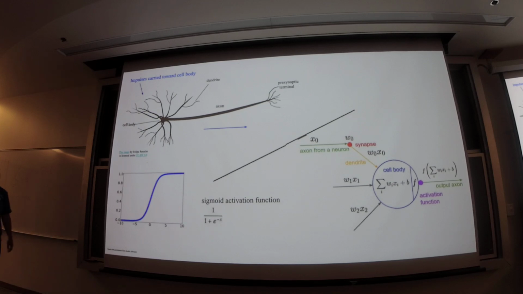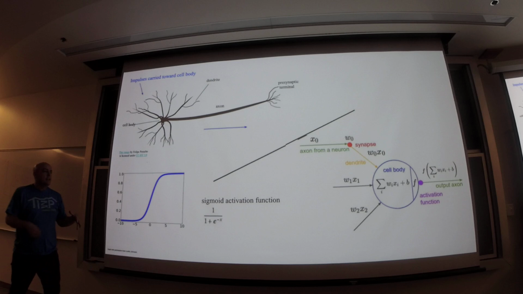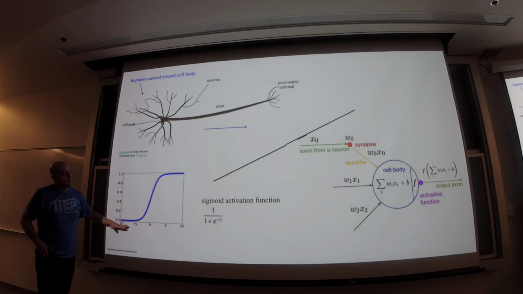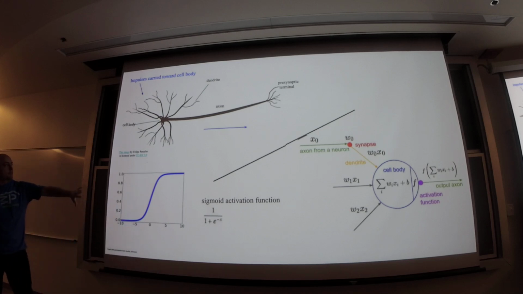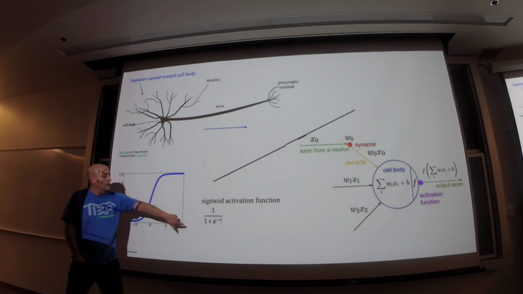In fact, in the early days of neural networks, this was all that was used for activation. A very typical activation function is this sigmoid. And we're going to see this over and over and over again. We've already seen it when we were doing computation graphs.